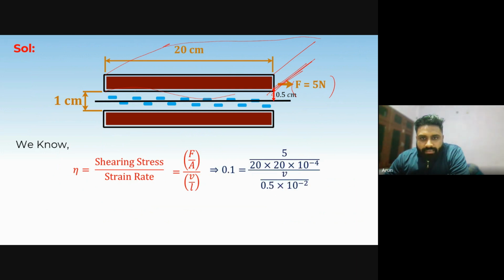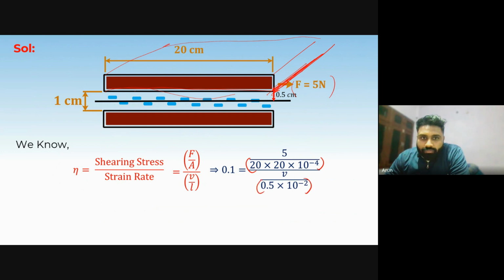So it is 5 upon, look, here the area is taken as 20 into 20, 10 raised to the power minus 4. Got it? The area which is below it, 20 into 20. 5 is the force applied. V is the velocity that we have to find out.